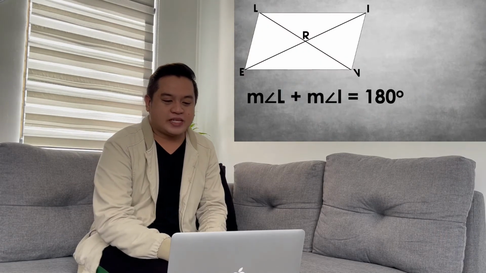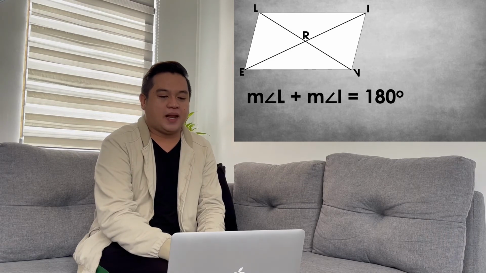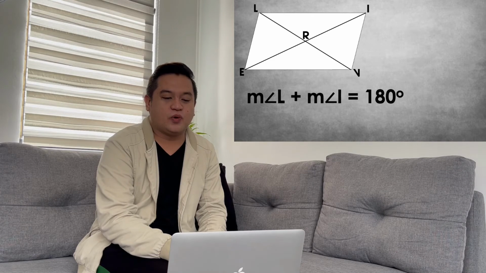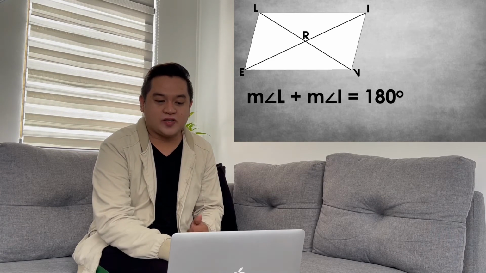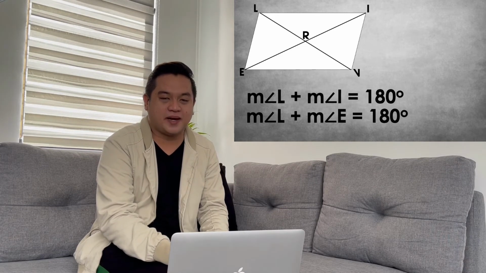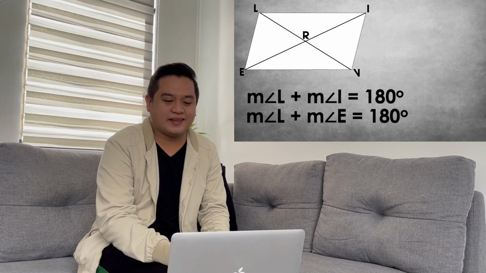From this given parallelogram, we can say that the measurement of angle L plus the measurement of angle I is equal to 180 degrees. Also, the measurement of angle L plus the measurement of angle E is also equal to 180 degrees.